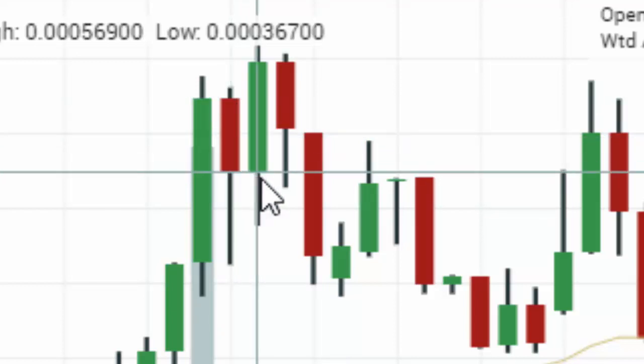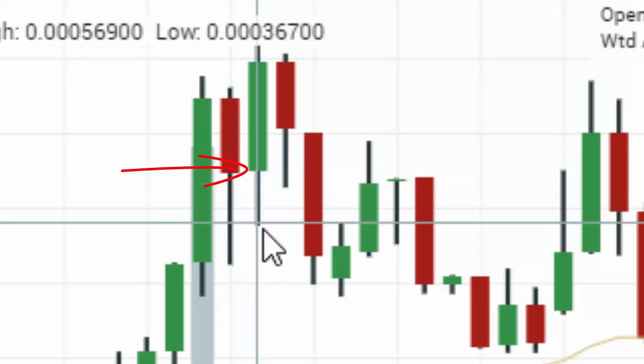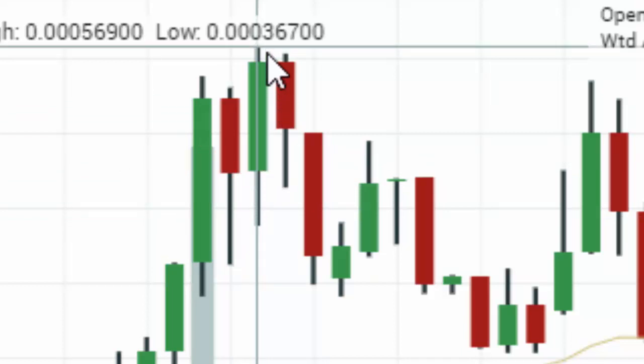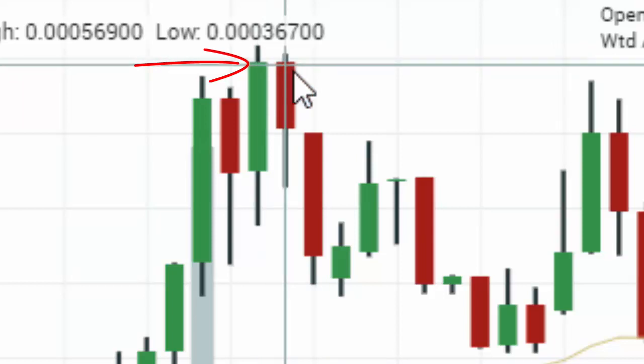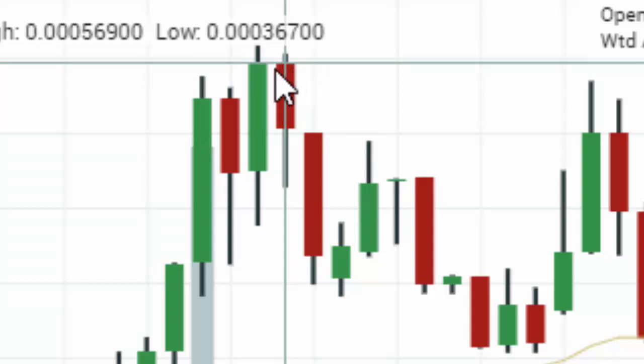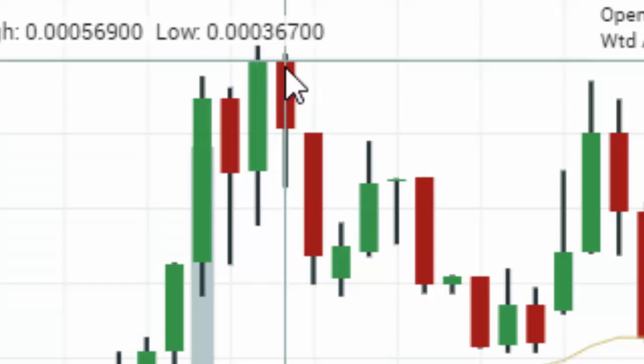And you'll see that the next candlestick basically opens at the close of the previous one. So we've got this level here, that's where it opens. The price would have fallen at some point in the half hour, gone back up, reached a high at the top here, and then come back down to finish this half hour here. And you'll see again it moves on to the next candlestick, which is a red candlestick here, and the open price was the same as the close price of the previous candle.